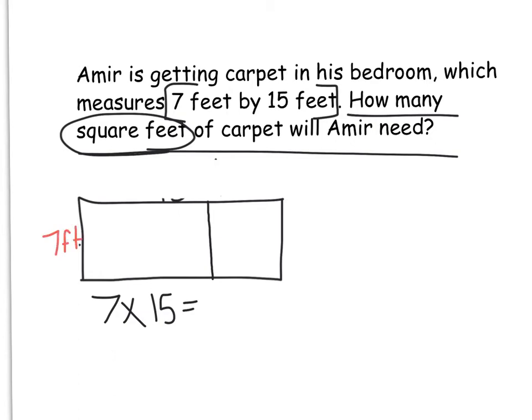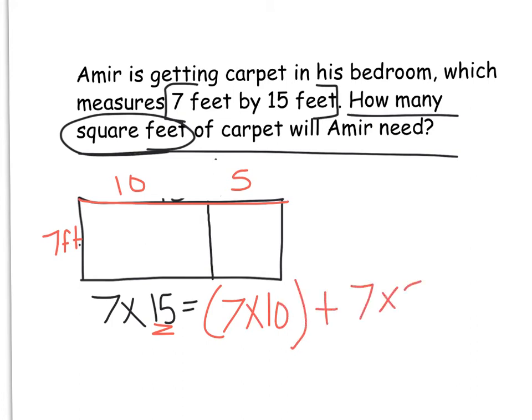So I know that this line right here has to be 15 because I'm multiplying 7 times 15. But an easier way to break that down is 10 and 5, because 10 plus 5 equals 15. So then I would just say 7 times 10 plus 7 times 5.